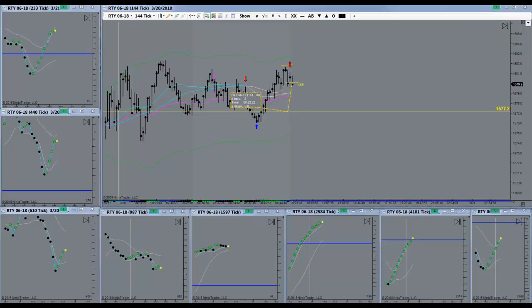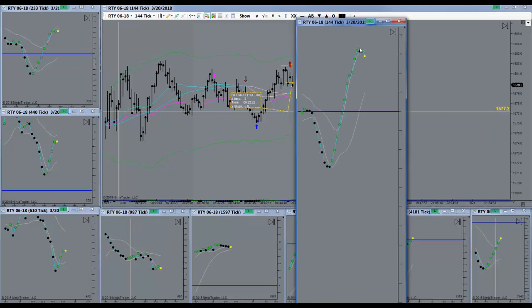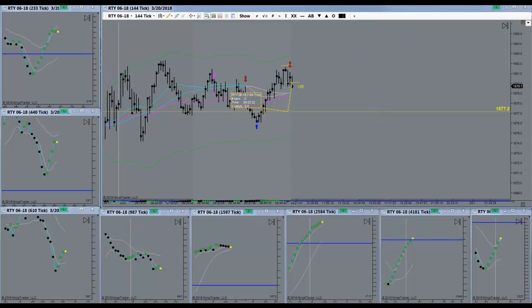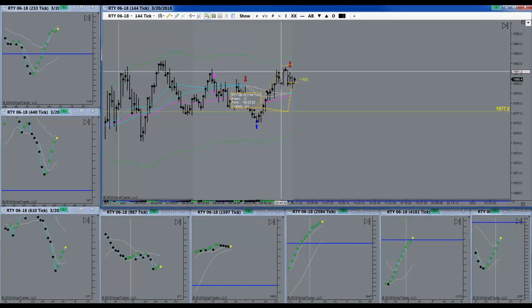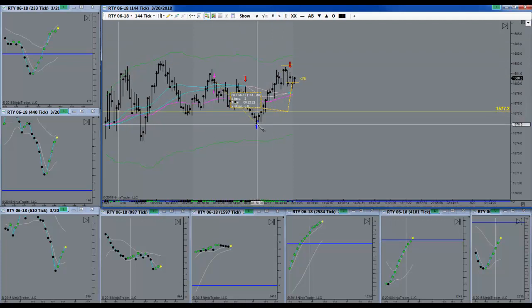What was the signal? Signal was this 144 yellow dot curling down. That was the signal. I can't tell you why on the YouTube video. That's reserved for the students, but that was the signal that told us to go short right here. There was humongous pressure to the downside as this price came up here, just as there was humongous pressure to the upside as the price came down to here.